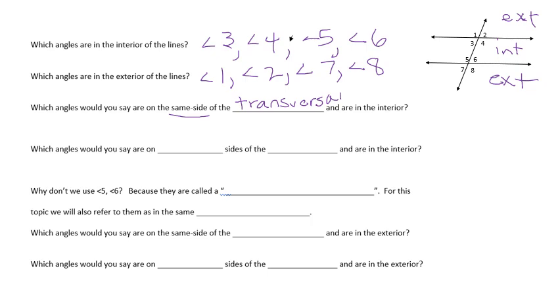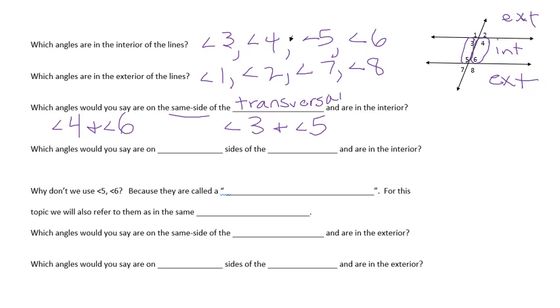So only looking at 3, 4, 5, and 6, which ones are on the right and which ones are on the left? Angle 4 and angle 6 are same side interior, and angle 3 and angle 5 are same side interior. That's because they're in the interior, but they're on the same side.